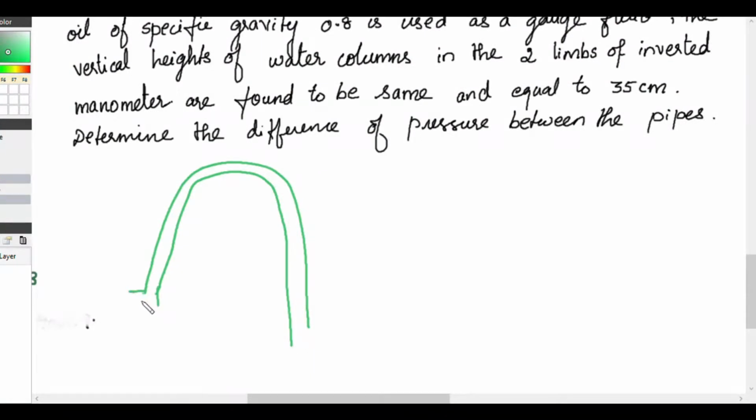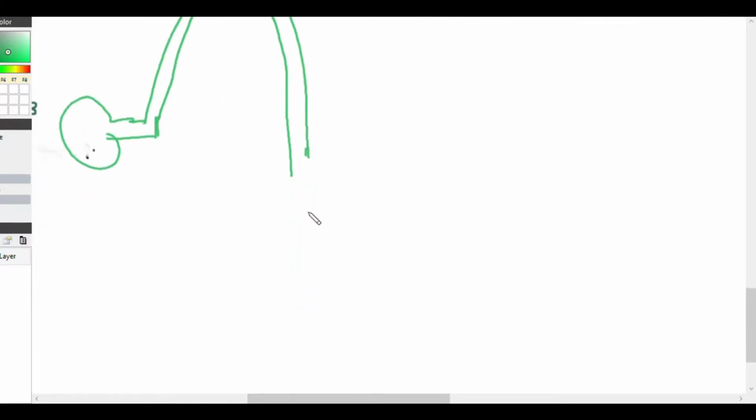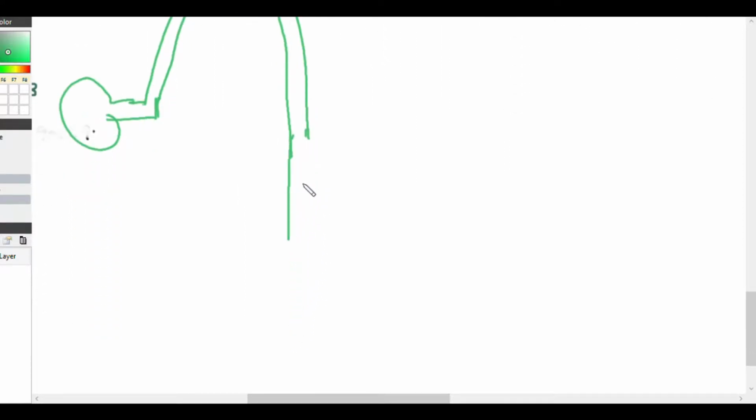We have one pipe here, another pipe here, and the difference between them is given as 30 centimeter. We will take this as pipe A, and this as pipe B.